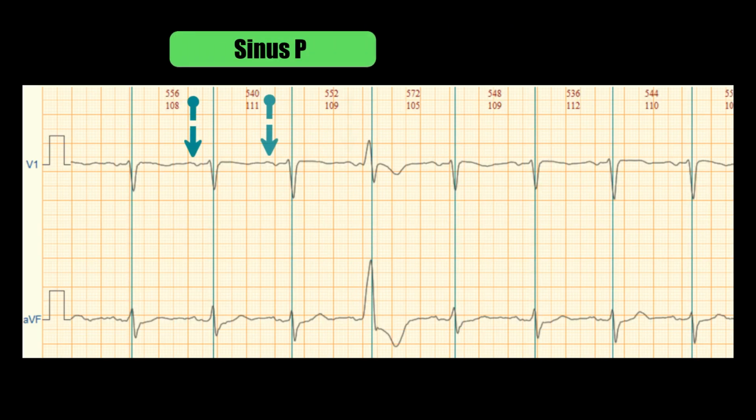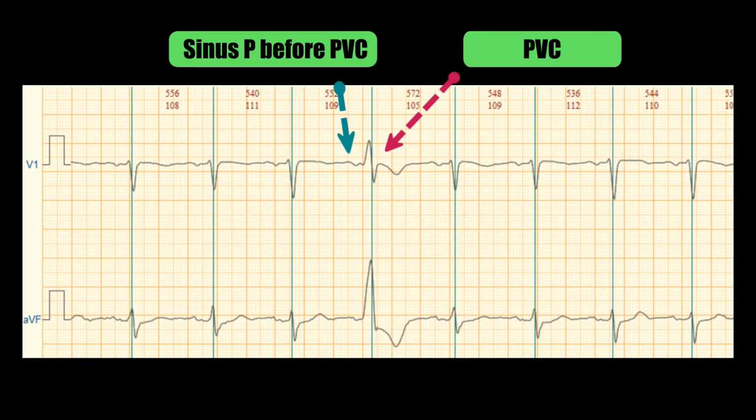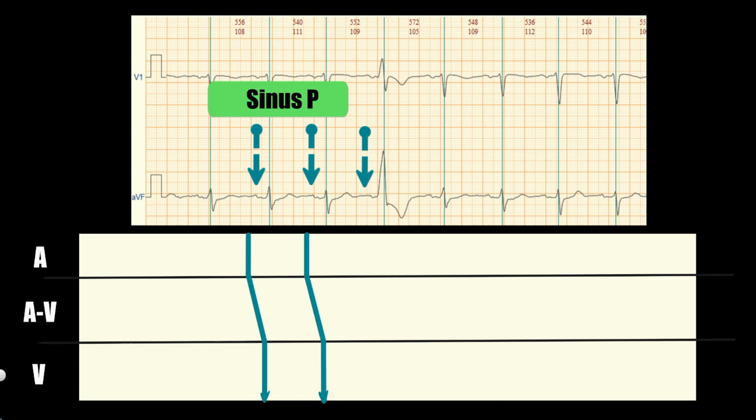But sometimes we see the sinus P wave just before the PVC. It occurs when the PVC arises later. In this case, the sinus impulse has enough time for the atrial depolarization, but not for AV nodal and ventricular depolarization due to the PVC arising.